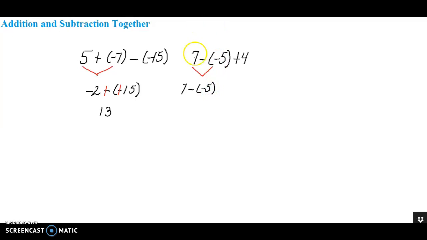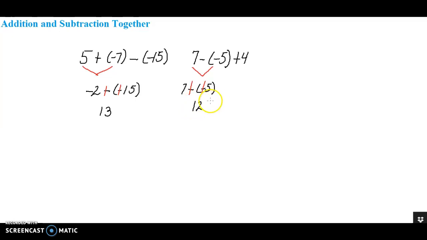The subtracting rule tells me to change this to an addition and take the opposite of this number. And so therefore, we're looking at 7 plus a positive 5, which is 12.